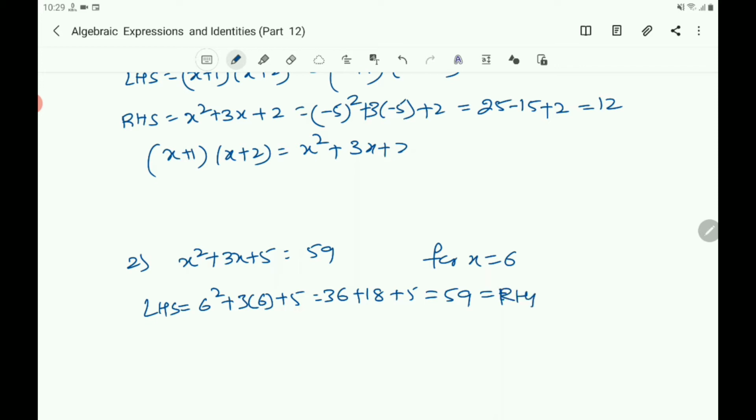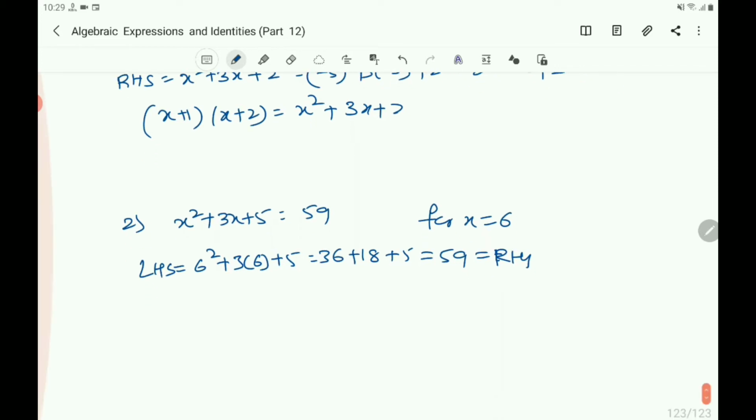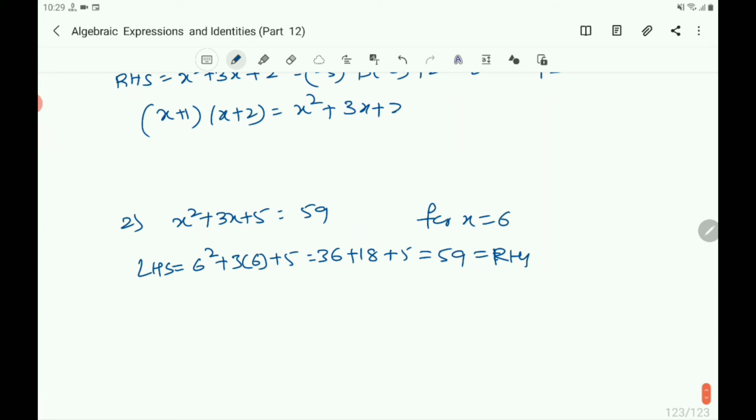Now you take some other values here. If you take x equals 5, that becomes 5 square plus 3 into 5 plus 5, that equals 25 plus 15 plus 5. 25 plus 15 is 40, 40 plus 5 is 45, which is not equal to 59.